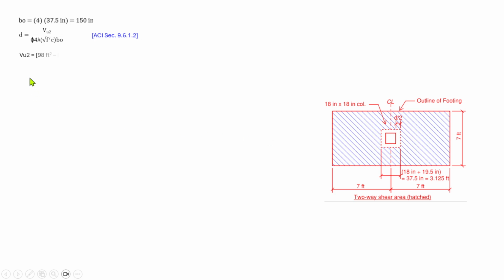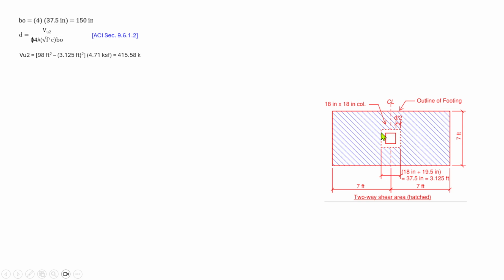To calculate the Vu, we consider this whole area, 7 times 14, that is 98 square feet, minus the area of this punching area due to the column, that is d over 2.